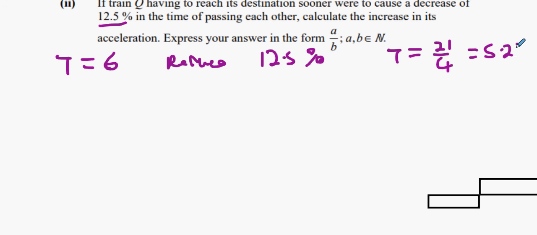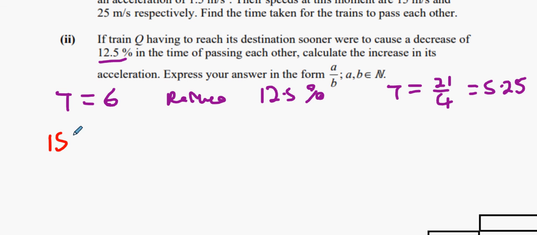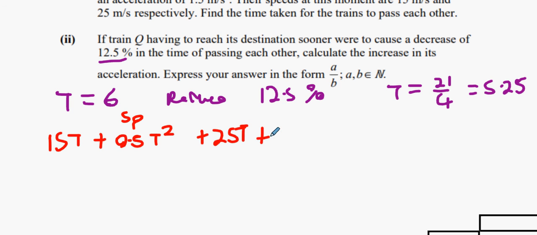Next thing after that is we're going to go back to our previous equation, which is 15t plus a half at squared, which is 0.5t squared. That's for SP. Okay, and then 25t. Now, train Q has a different acceleration, doesn't it? So train Q, which is the second part, has a different acceleration.